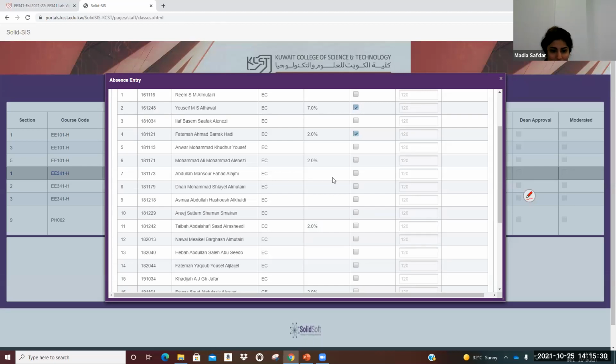Abdullah Mansoor, absent. Dari Muhammad is here. Then Asma Abdullah.